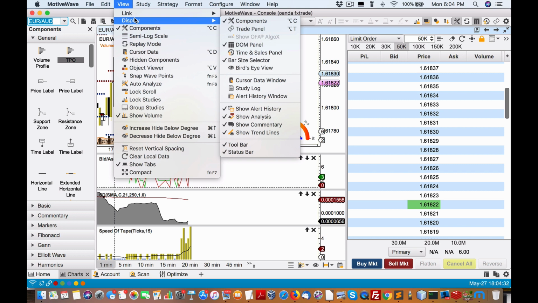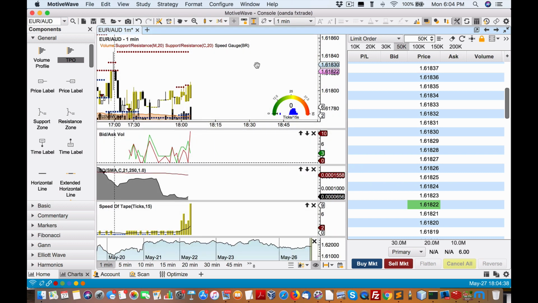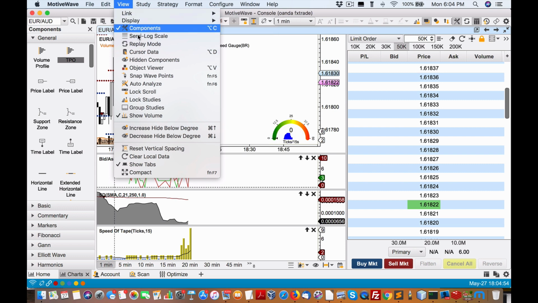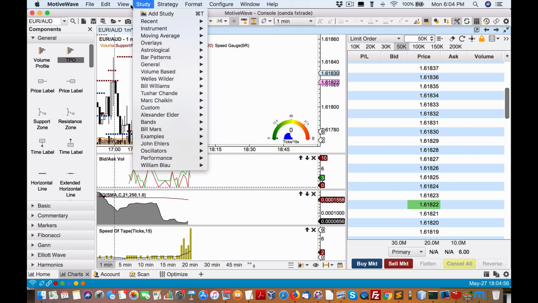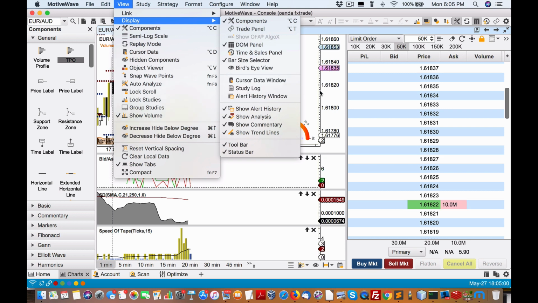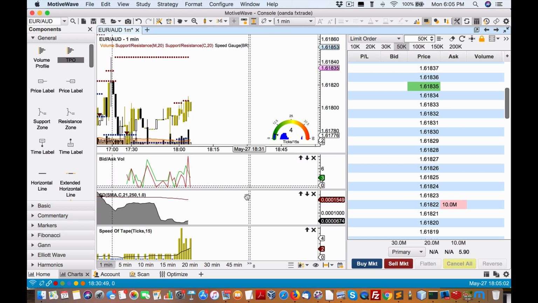Let's see what else we have here if you would ever be interested. So we have a trade panel, bird's eye view, cursor data window. Forgive me if I'm not really reading the documentation as I should. Something's happening here.